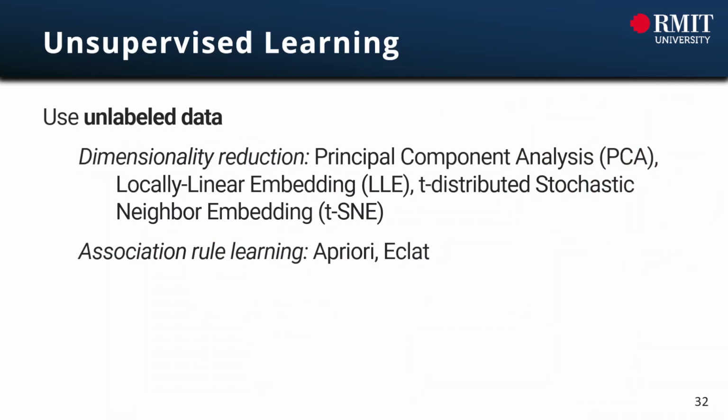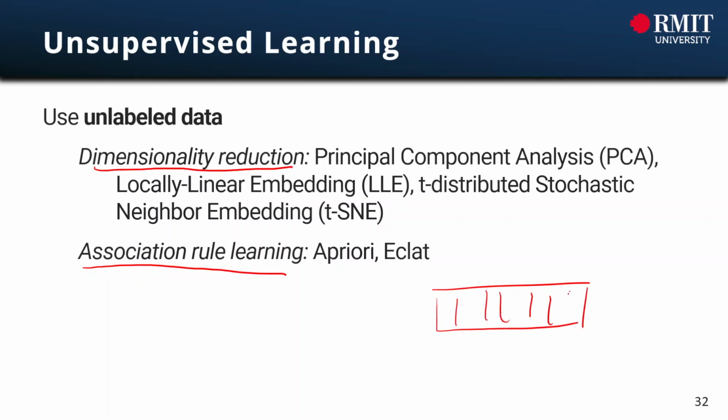Another task is called dimensionality reduction and association rule learning. We don't go into the details here. I just want to mention that in unsupervised learning we have several tasks like that. Dimensionality reduction is about, for example, when you have a very big dataset with thousands of columns. If you want to train a model with so many columns, it will be expensive, it takes a lot of resources to train.